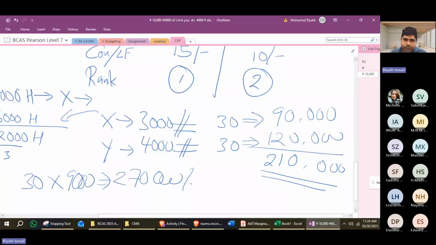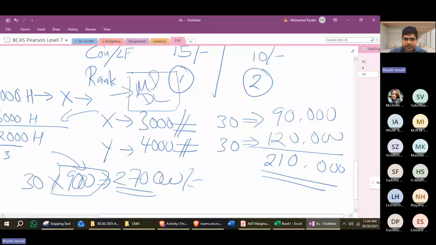But the market demand limits our capacity. Here we have two limiting factors: one is market demand and the other is direct labor hours.